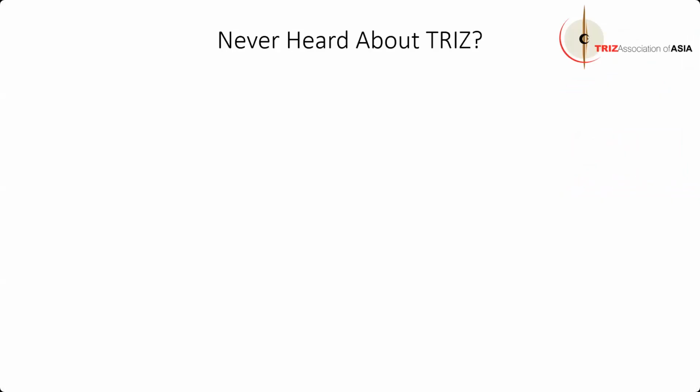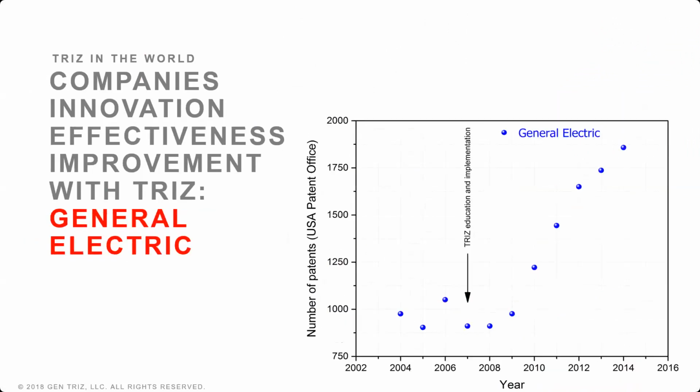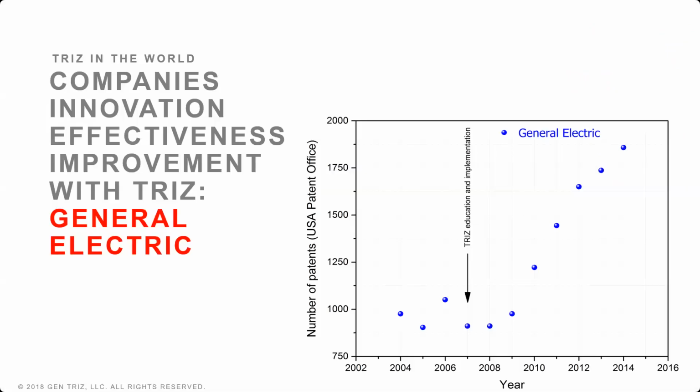Okay. So just to show you the companies which have had TRIZ success in the world, you can see General Electric, GE. It started using TRIZ, educating the team and implementing it. You can see the number of patents, particularly in the USA Patent Office.